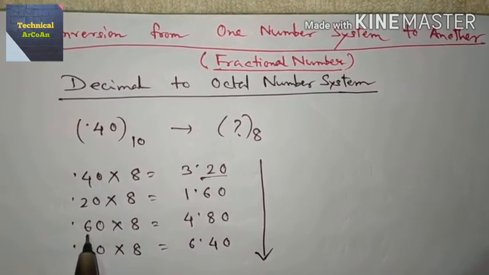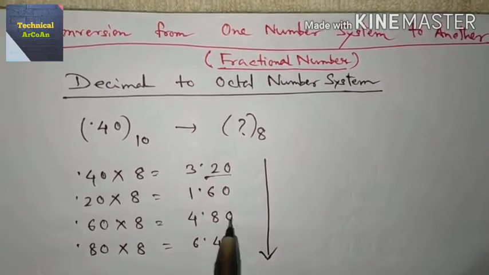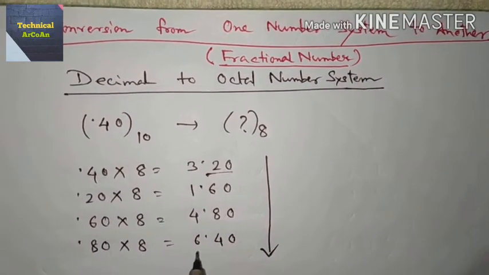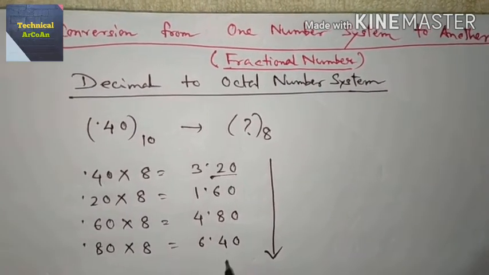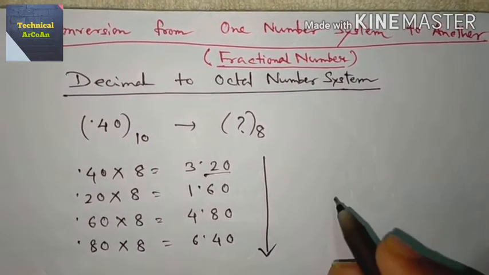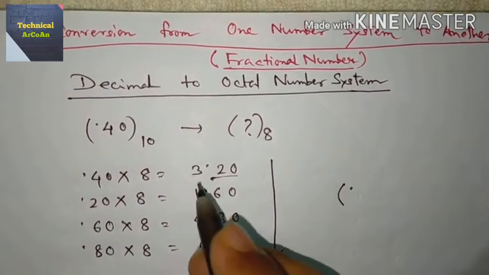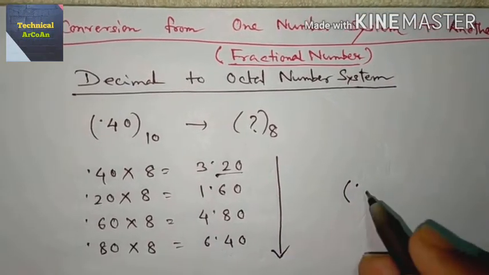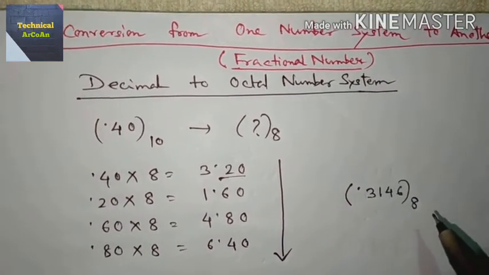Same way, next step, 0.60 times 8, 4.80. Next, 0.80 times 8, 6.40. It is a continuous process, this part is not 0, so we stop calculating. What will be the result? Put a point and take from top to bottom: 3146, and the base should be 8.